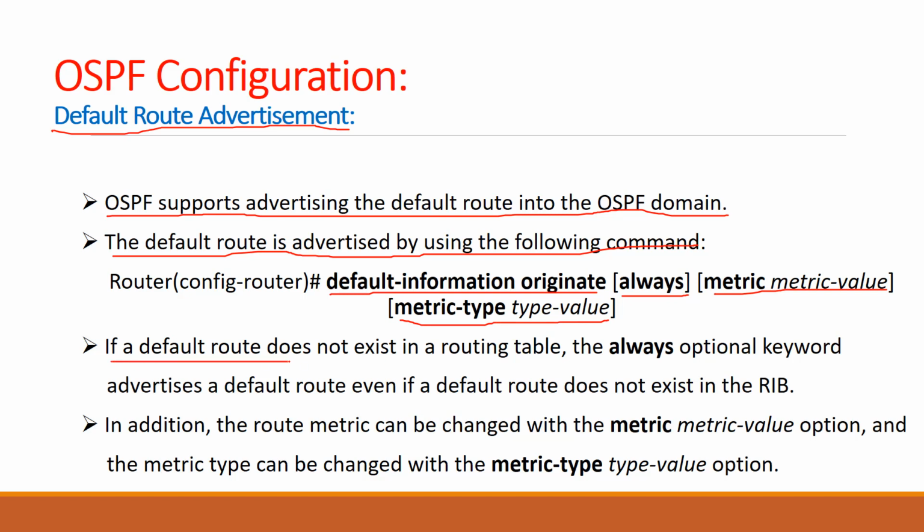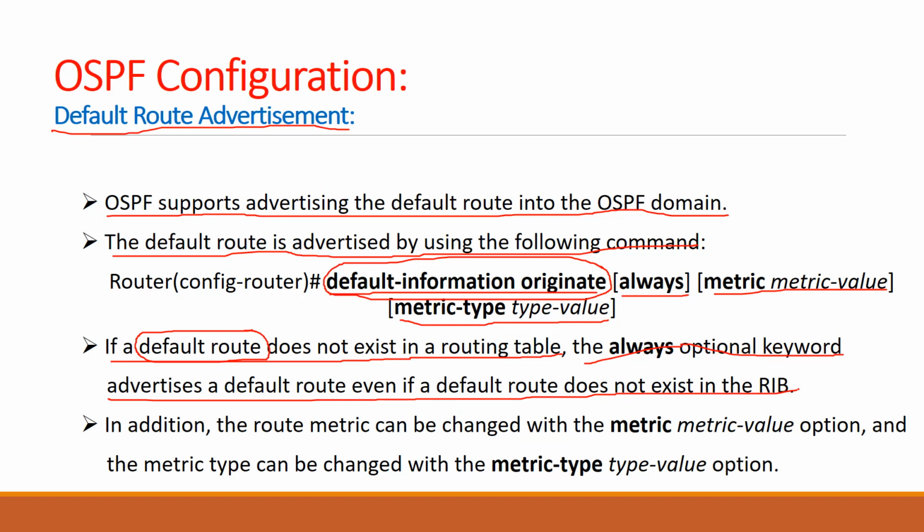Remember this: if you use default-information originate only, a default route should be present in the routing table. But if a default route does not exist in the routing table, the always optional keyword advertises a default route even if a default route does not exist in the routing information base or the routing table.